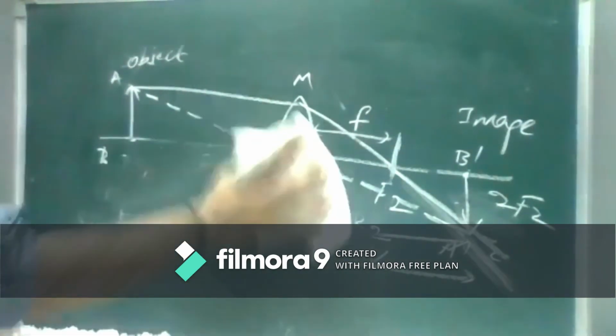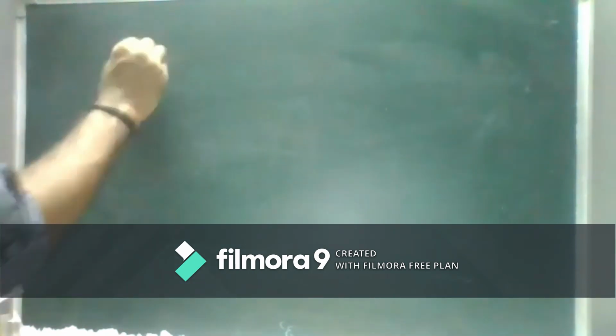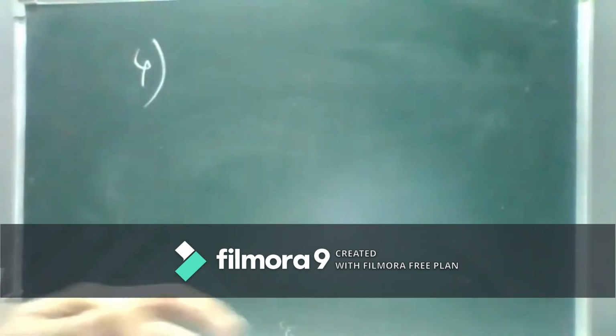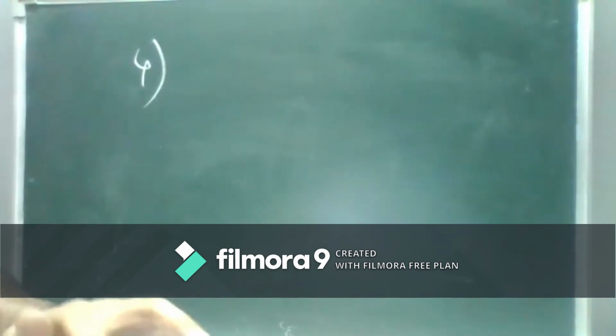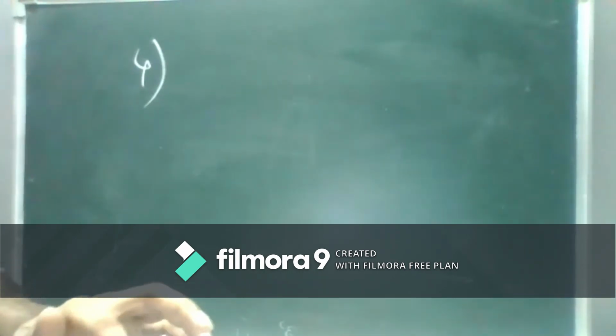Okay, next one. So the fourth one we'll see. Fourth ray diagram for the convex lens.